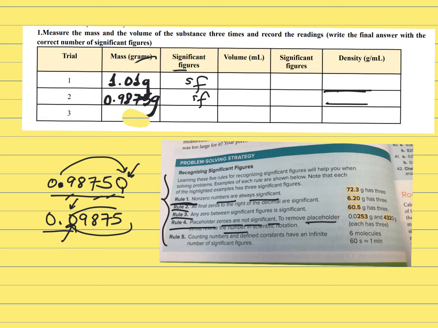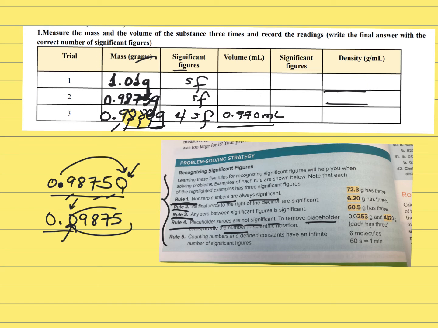So let's say that over here you have another reading with, let me see, 1, 2, 3, 4 significant figures. If for that amount of mass, the volume of the sample of water was 0.970 milliliters.